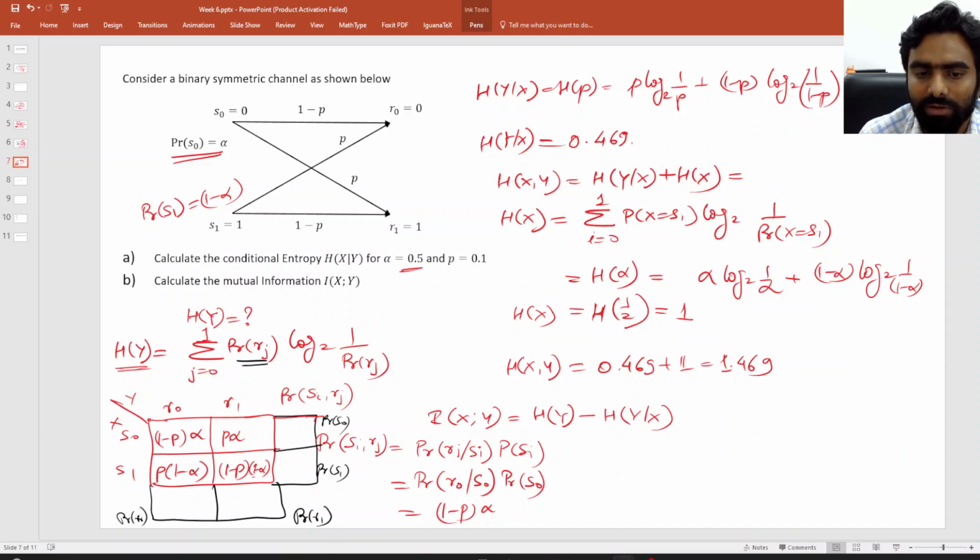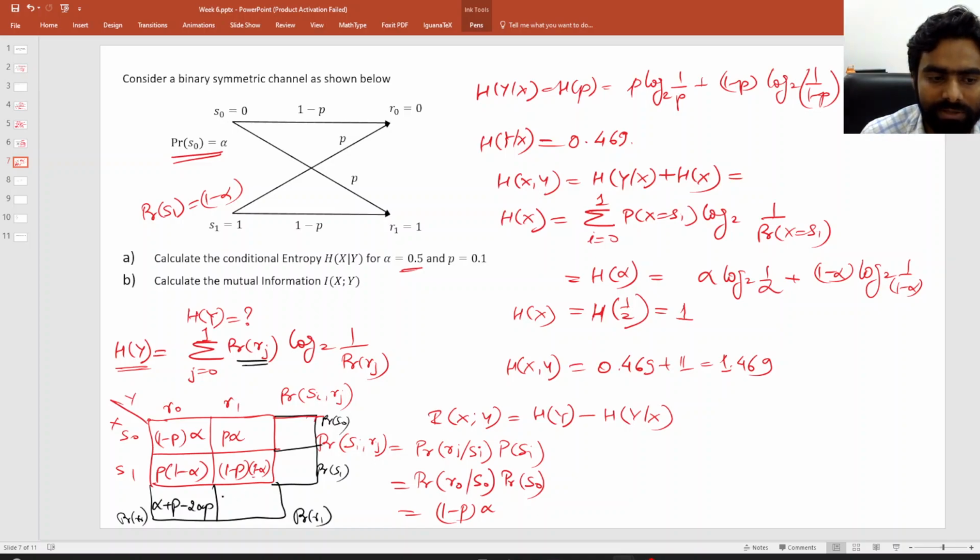So coming along this line, we will get alpha plus P minus 2 alpha P. Is this correct?